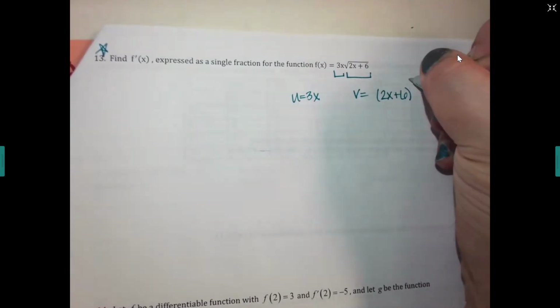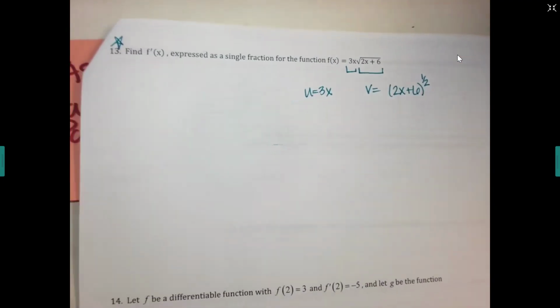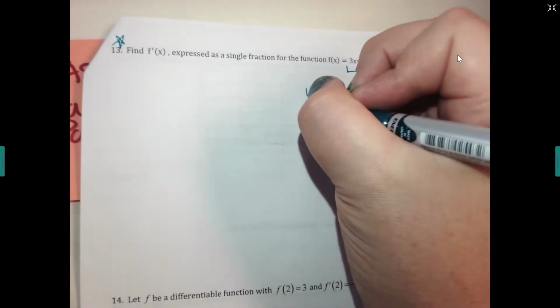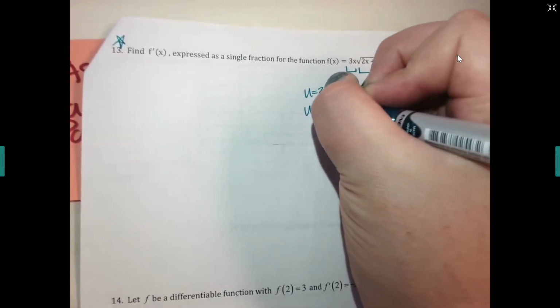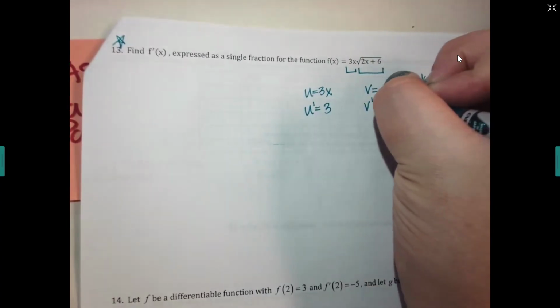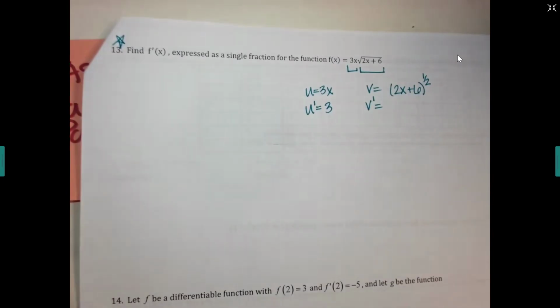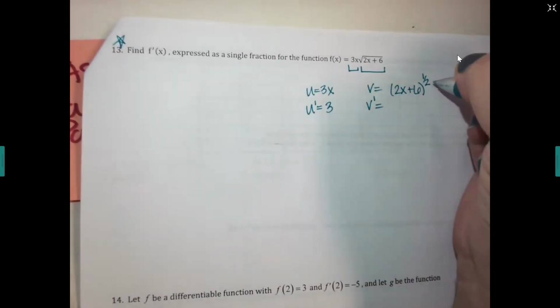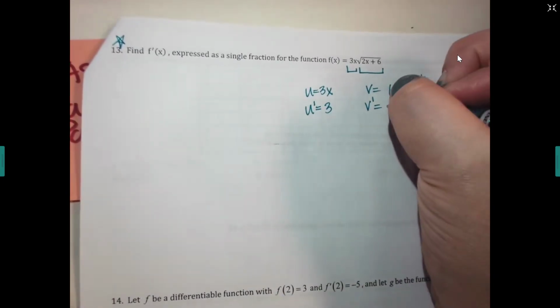So square root we said is a half. Very good. Okay, do your derivatives. So what will u prime be? 3. Okay, now for v prime, this is a chain rule. It's a little baby chain. So my 1/2 comes down to the front.